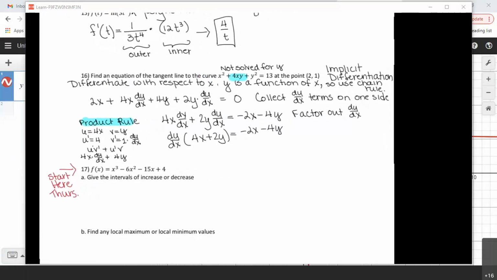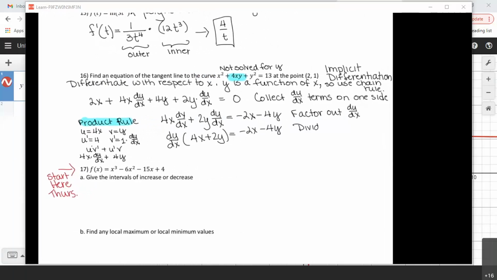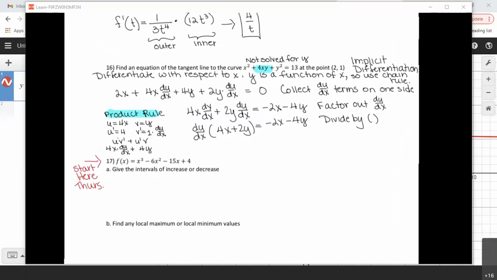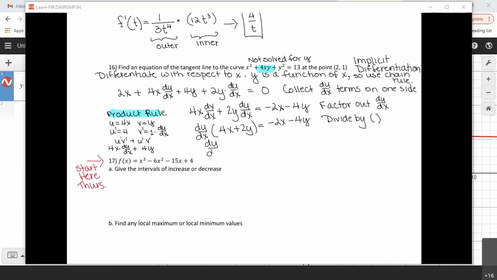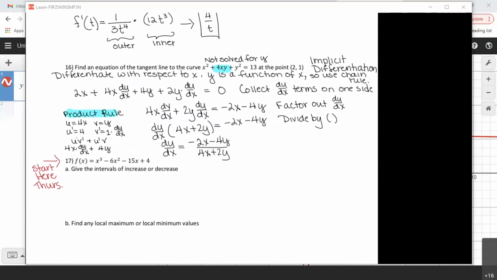The last step is to divide by the quantity in parentheses. So that gives me dy dx equals minus 2x minus 4y over 4x plus 2y. So there's my derivative.